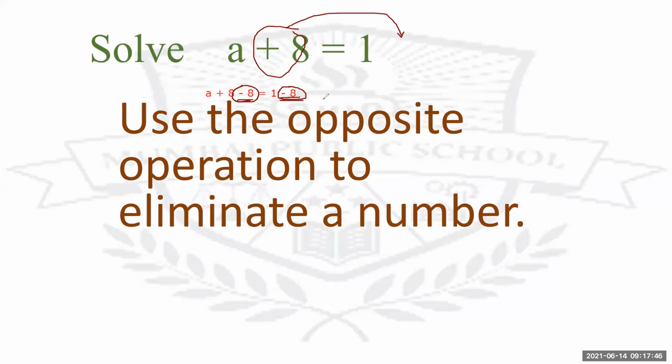So if you are getting confused with the change of signs, you can use this elimination method. Plus 8 and minus 8 are going to get cancelled off. You'll be left with 1 minus 8, that is minus 7. So your answer will be minus 7.